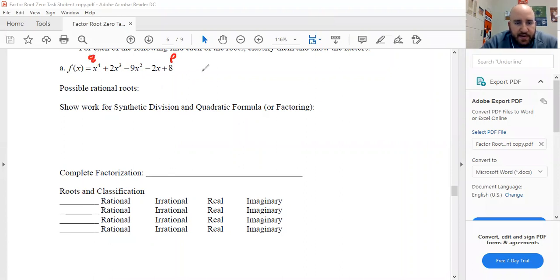As we said on the last video, when Q is 1, you don't have to do the P, the Q, and then the P divided by Q, because since Q is 1, all my P's are going to be divided by 1, and I'm just going to get the same numbers anyway. You can just jump straight to P divided by Q. And so it's all my factors of 8: plus or minus 1, 2, 4, and 8.